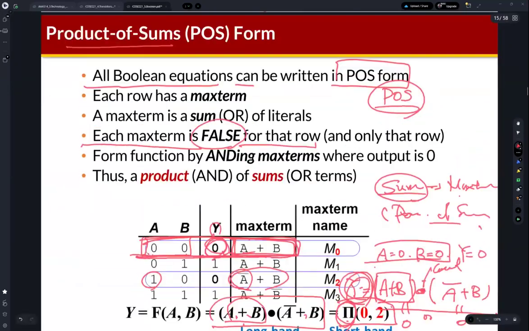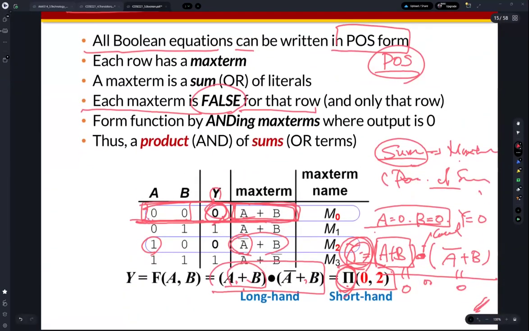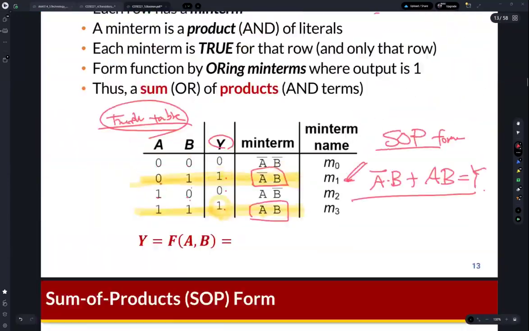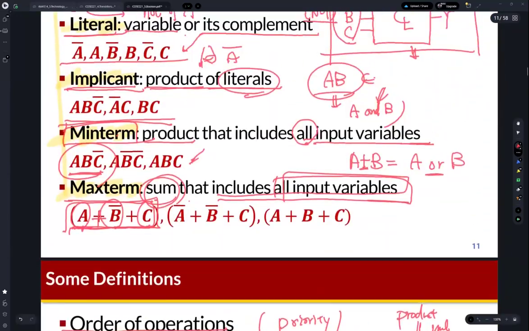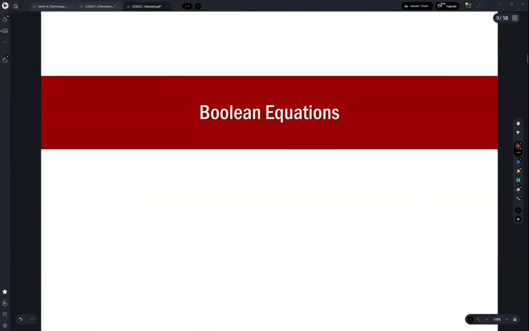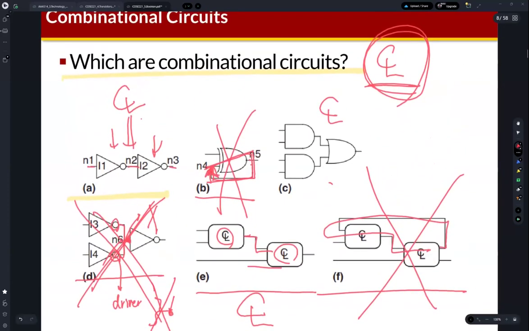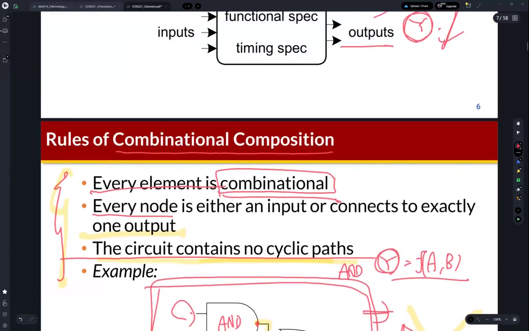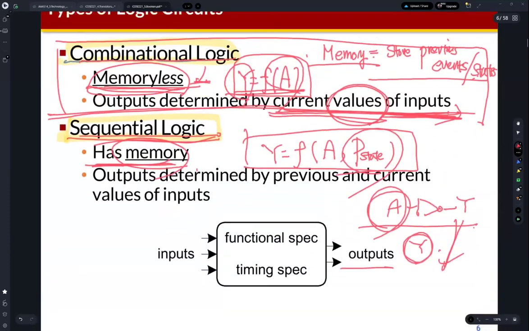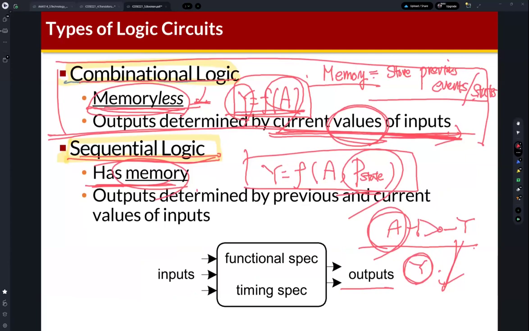Okay. So I will stop here. In this lecture, we learned about some definitions. Today's lecture is very important, and sorry for the canceled lectures. Firstly, you need to know the definitions of combinational logic and sequential logic.